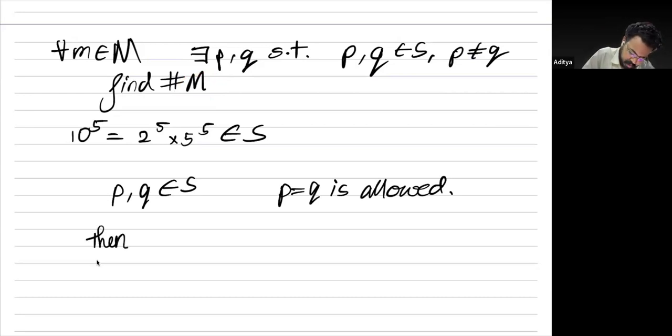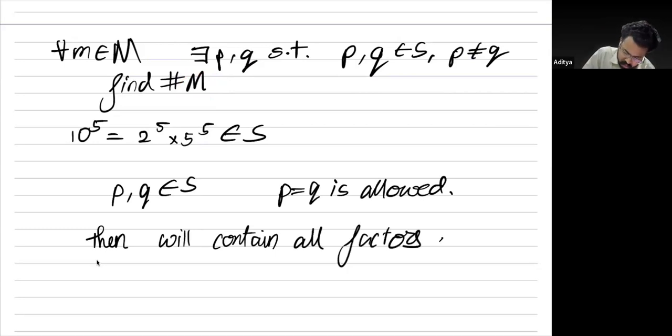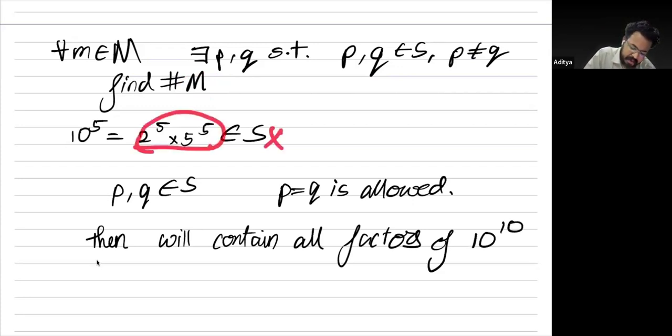Then M will contain all factors of 10 to the power 10, because the product of 2 to the power 5 times 5 to the power 5 multiplied by itself will become 10 to the power 10.